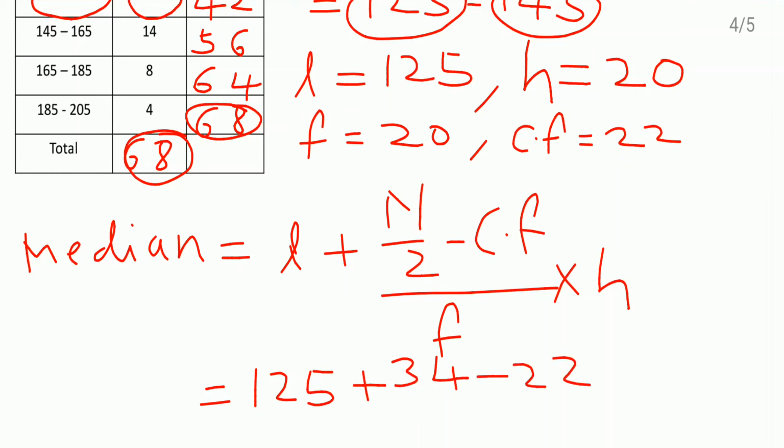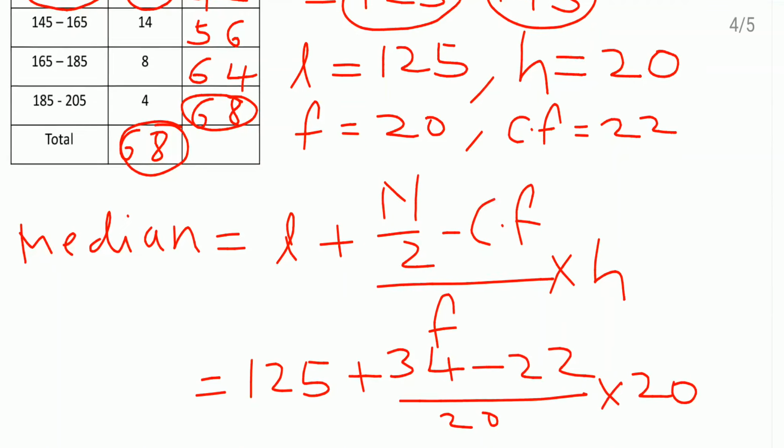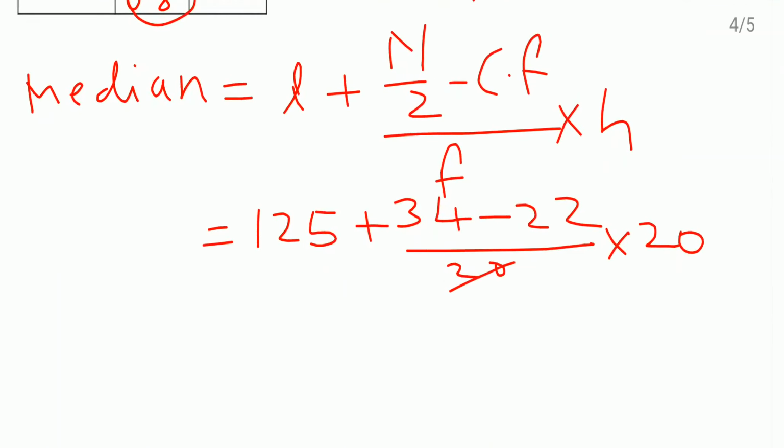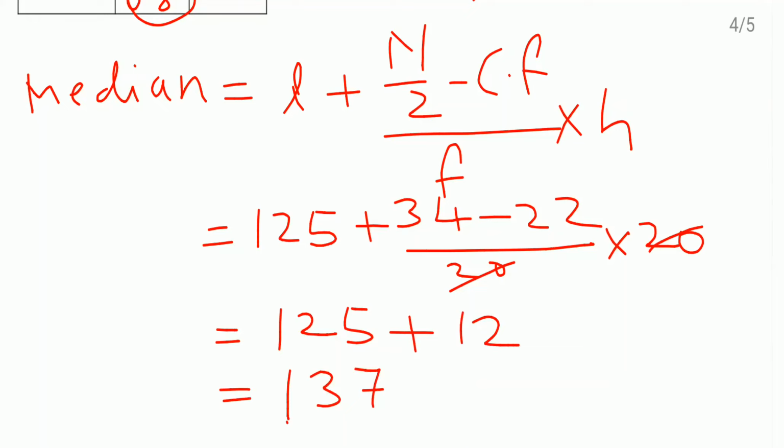CF is 22, frequency is 20, class size is also 20. Right? Now this 20 and this 20 got cancelled. 125 plus 34 minus 22 comes as 12, so our answer comes as 137. Right? 137 units. So the median is 137 units.